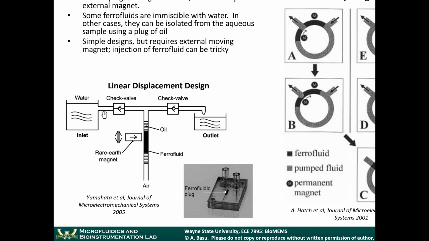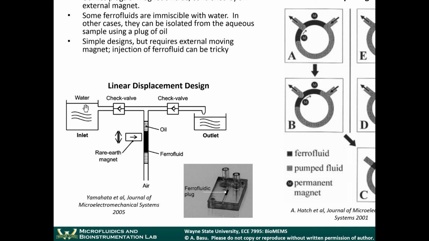Now, this ferrofluid is actually acting as a diaphragm. There's an external magnet, and you move that external magnet back and forth, left to right, or in this case, like up and down. As you move that magnet up and down, the ferrofluid, which is magnetic, will also move up and down. So this up and down motion, you combine that with 2 check valves, and that will basically create a unidirectional motion of the water from the inlet to the outlet.